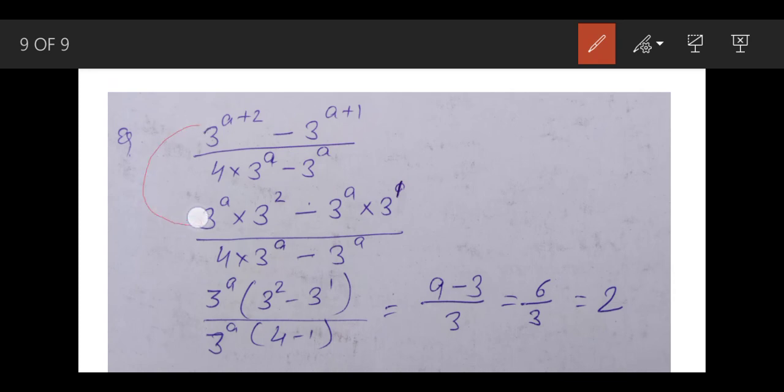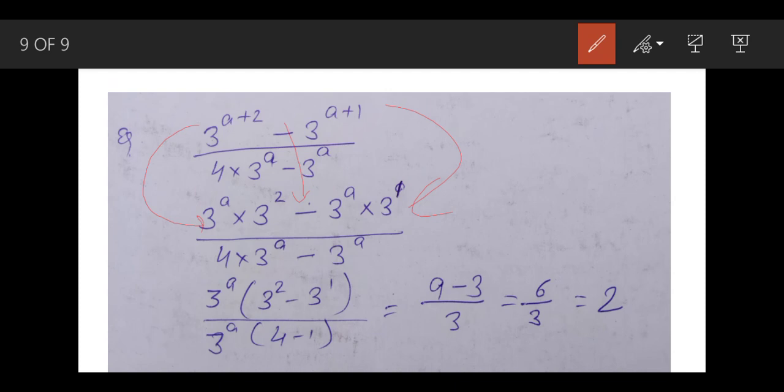This 3 to the power a plus 2 can be written as 3 to the power a multiplied by 3 square. This minus, then 3 to the power a plus 1 can be written as 3 to the power a multiplied by 3 to the power 1 here. In the denominator it will be the same.